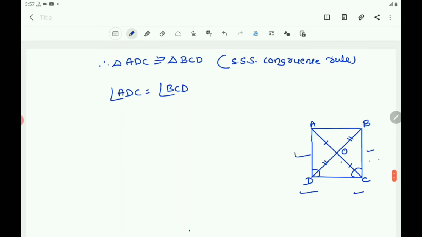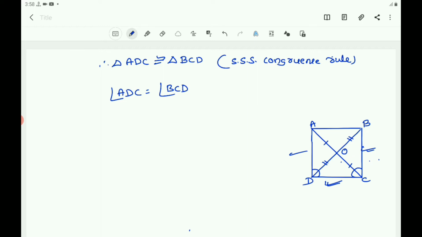But you know that the angles ADC and BCD are at the ends of D and C, which means they are consecutive angles of the parallelogram. Or here also, angle ADC and angle BCD are the interior angles on the same side of the transversal DC of the parallel lines AD and BC.